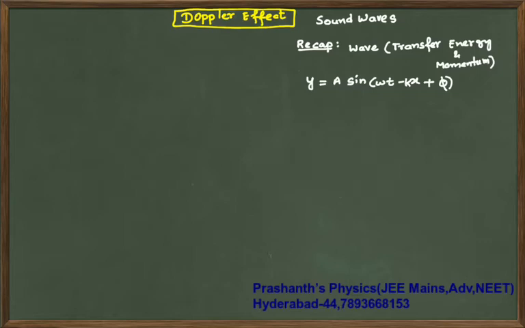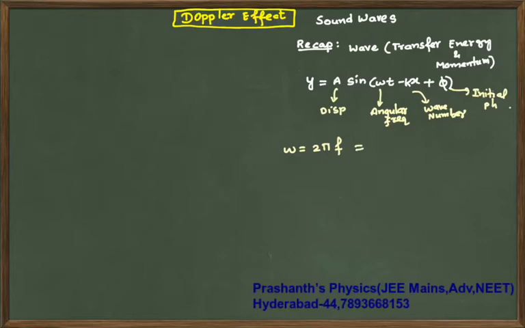Out of this, a represents displacement, omega represents angular frequency, k represents wave number, phi represents initial phase. Your angular frequency omega is 2 pi f, that is equal to 2 pi by time period T. Wave number k is 2 pi by lambda.